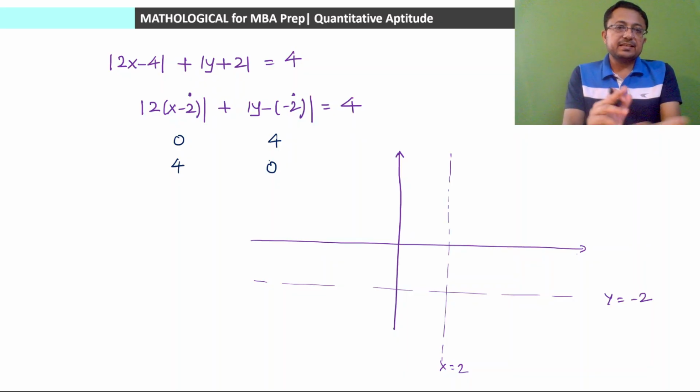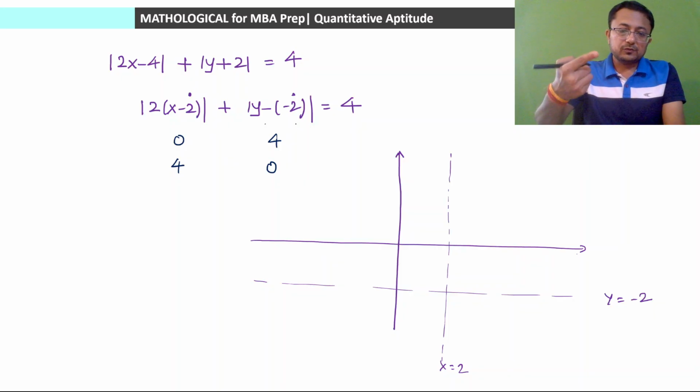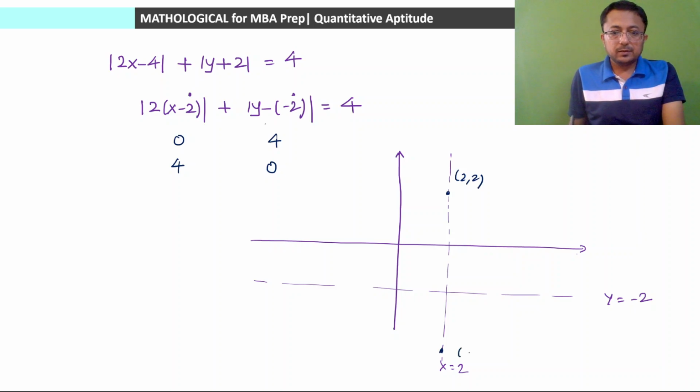In the first case, when mod of 2 times (x minus 2) is equal to 0, this is same as mod of x minus 2 equal to 0, यानी कि distance of x from 2 is equal to 0. So this will be lying on the line x equal to 2. But distance of y from minus 2 is equal to 4. So either y will be minus 2 plus 4 or minus 2 minus 4. Minus 2 plus 4 will be plus 2, so (2, 2), and minus 2 minus 4 will be minus 6, so (2, minus 6). These 2 points will be satisfying the condition.